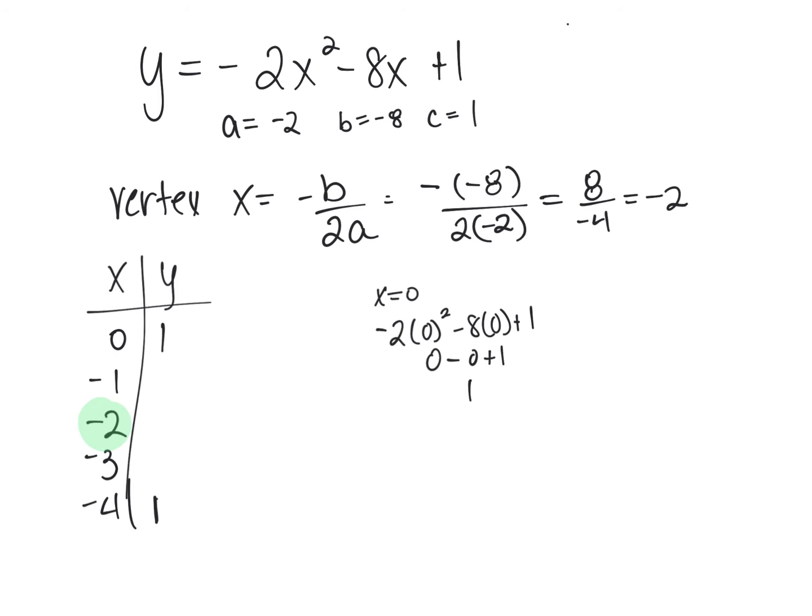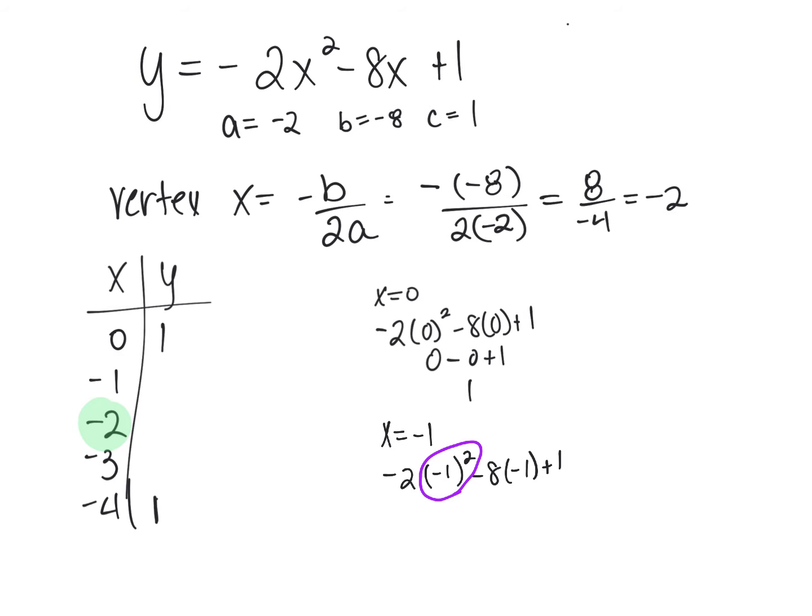Now let's plug in negative 1. Negative 2 times negative 1 squared minus 8 times negative 1 plus 1. What am I going to do first? The exponent. I'm emphasizing that because that is the number one mistake you make when evaluating these: not doing the exponent first. People like to multiply because they see parentheses, and that's not correct.